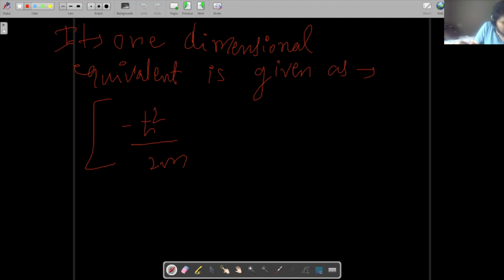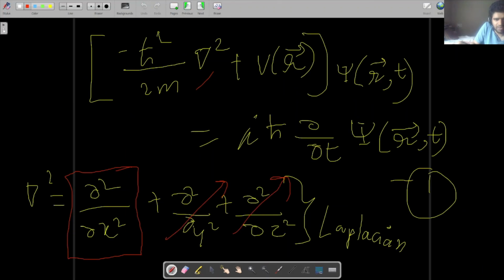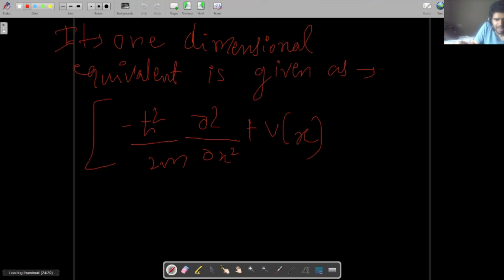Now the y and z terms vanish, so only the x term remains. We are assuming that the motion is taking place only along the x direction. So your potential energy, which was a function of position vector r, now that r has been restricted, will be V of x. Why will it be V of x? Let me tell you.